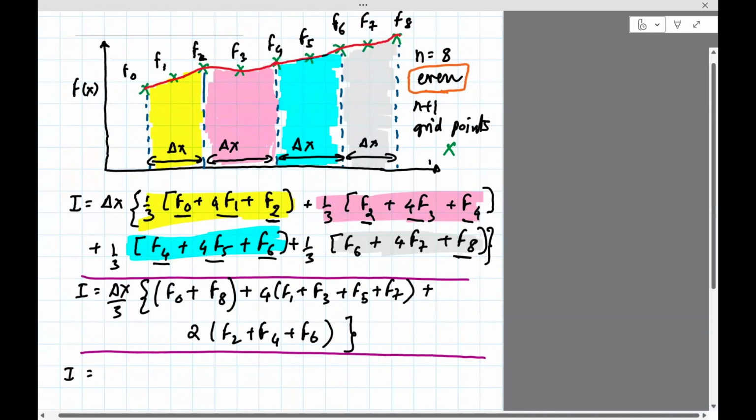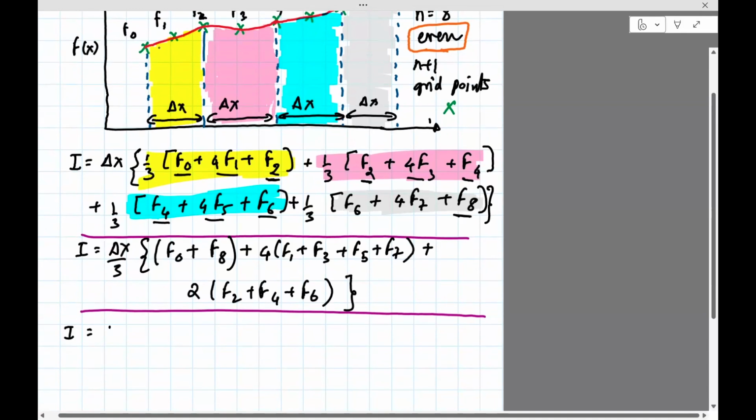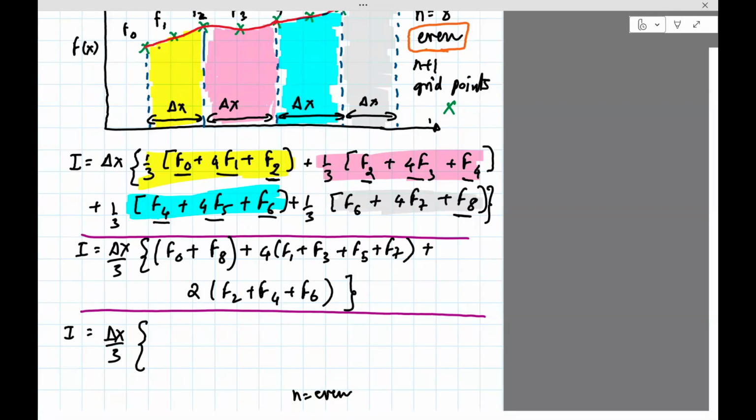Now that's in place, let's write this summation. We have delta x divided by 3. Okay, so if n is even, we've checked that. How do we write the formula? We can look at this formula here, which I wrote for just n equals 8, and try to generalize it.